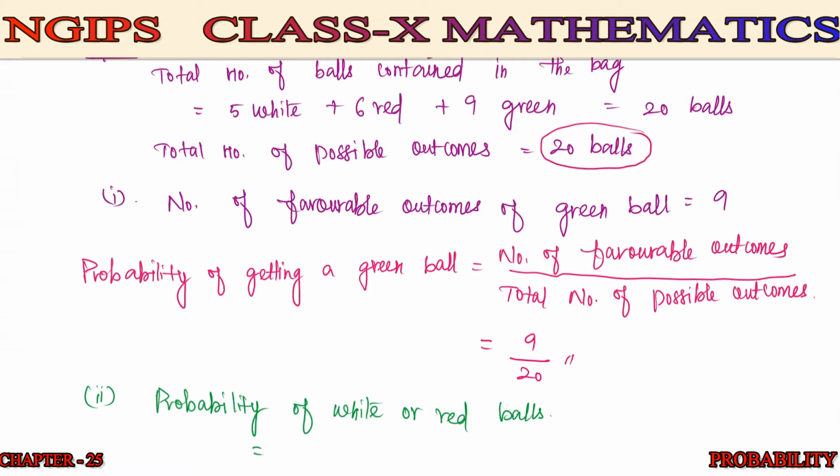We need to find the number of favorable outcomes. White or red: I told you in the beginning, when you have "or", you have to add both. So white balls are 5, I can write 5, plus red balls, which are 6. So 5 plus 6 is equal to 11.